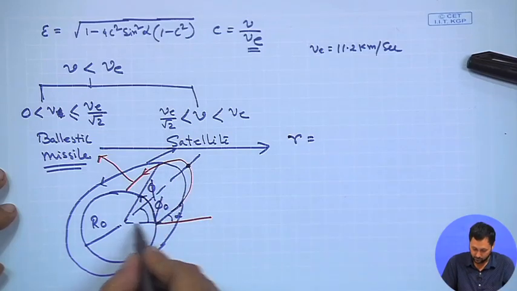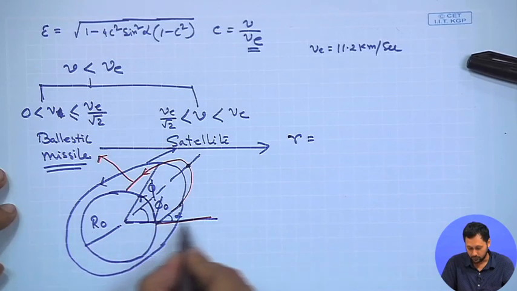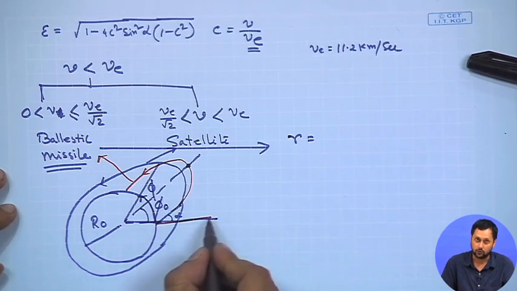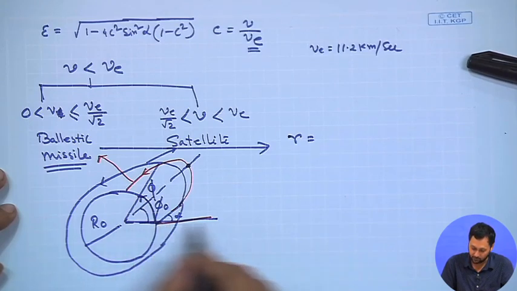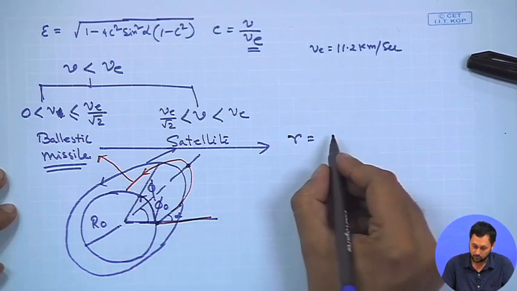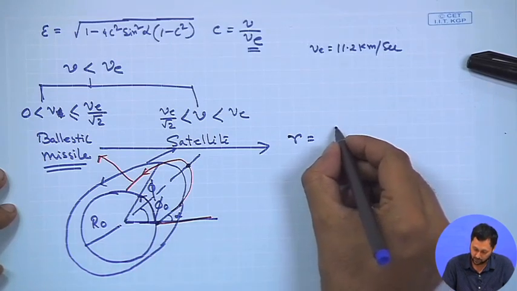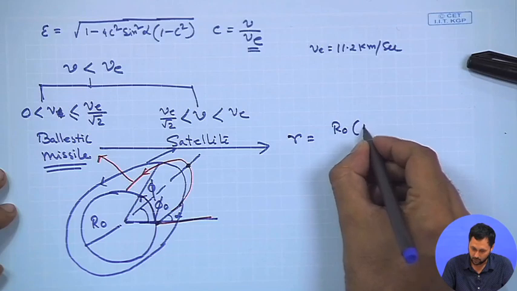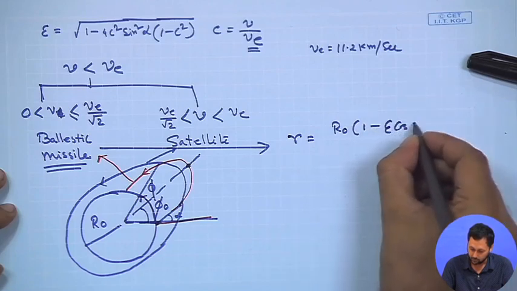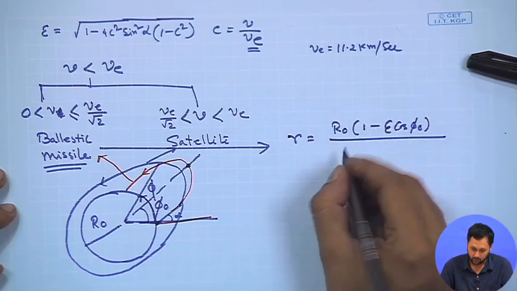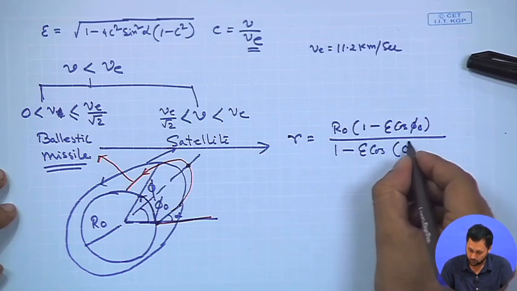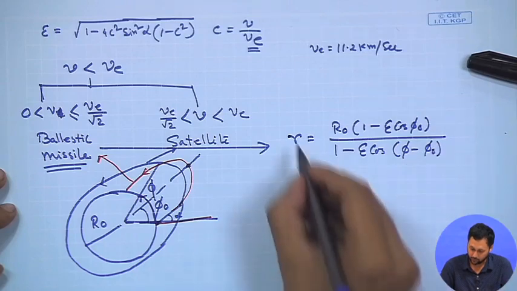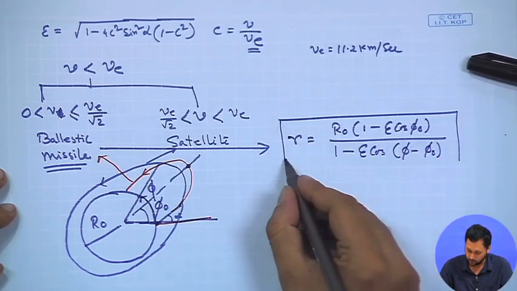The angular deviation is measured with respect to a horizontal line drawn at the position of launch. Using this, r can be given as r0 times 1 minus epsilon cos phi 0 divided by 1 minus epsilon cos of phi minus phi 0. This is the equation we have got.